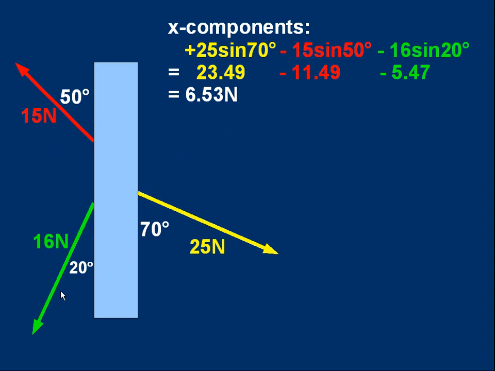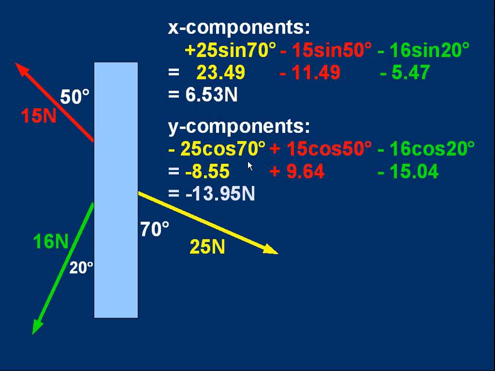The green force has also got an x component to the left, so its x component is minus 16 times sin 20. The numbers get put into your calculator, and when we work it out, it's 6.53 newtons, and that's the total of all the x components added together, taking into account their direction.